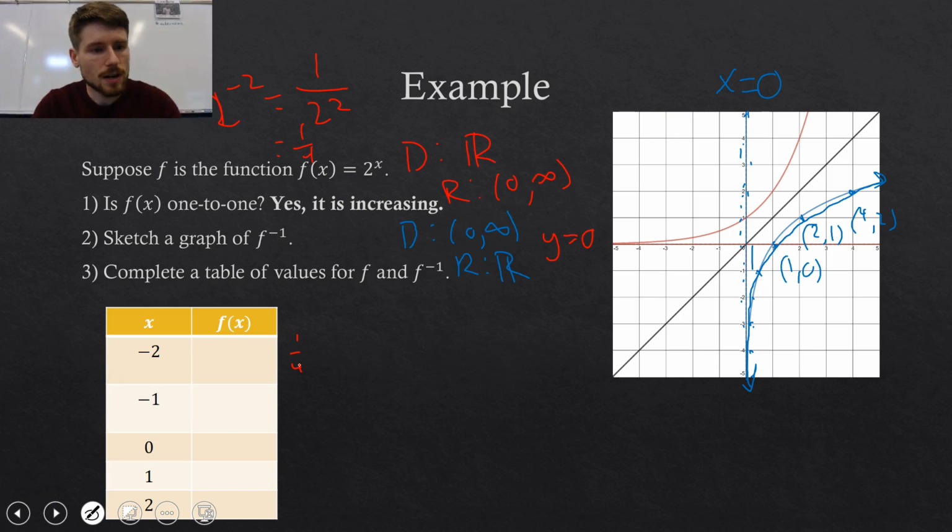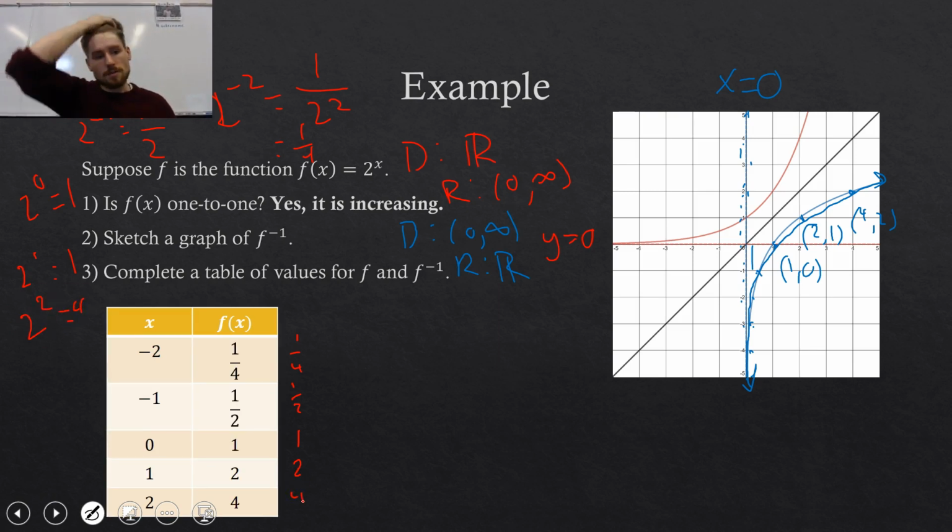And 2 to the -1 is 1 over 2. 2 to the 0, any number to the 0 power, you should have learned, is equal to 1. 2 to the 1 is equal to 2. 2 to the 2 is equal to 4. And so that's our table of values for the original function.